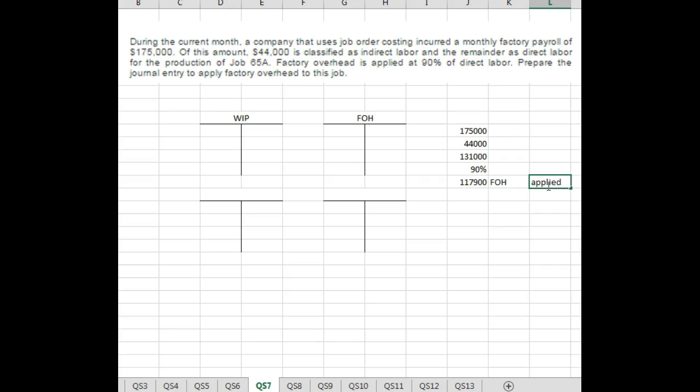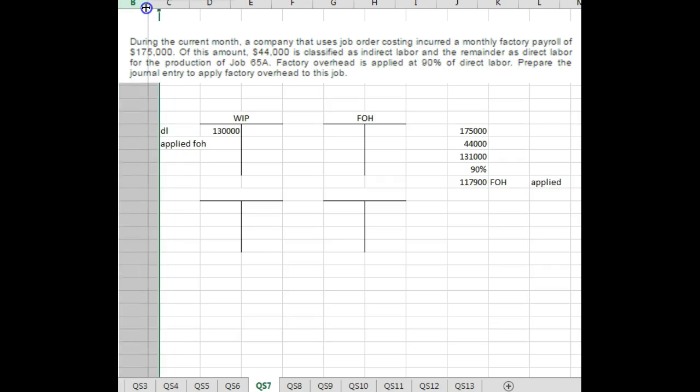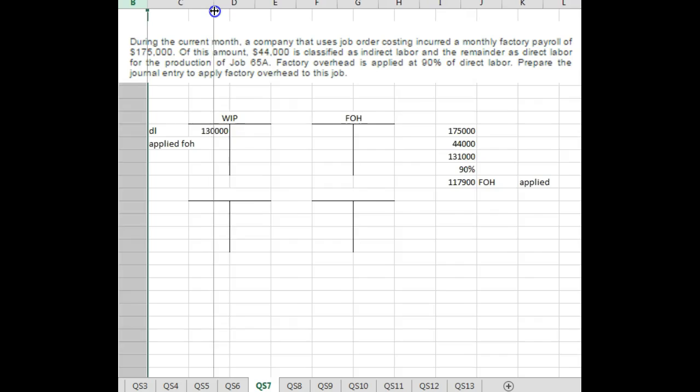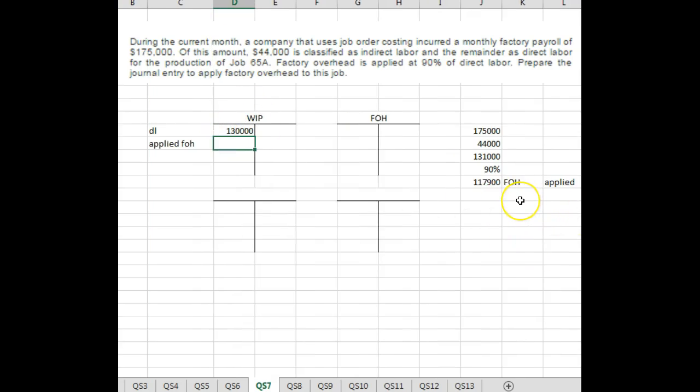And there's a difference if you remember reading in the book. So how this plays out is, okay, I need to put, number one, 130 in there, right, for direct labor. So that would be direct labor. And then for applied factory overhead, I would put 117,900 there.